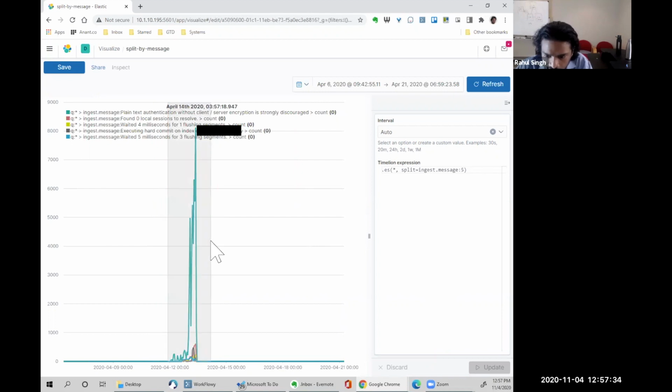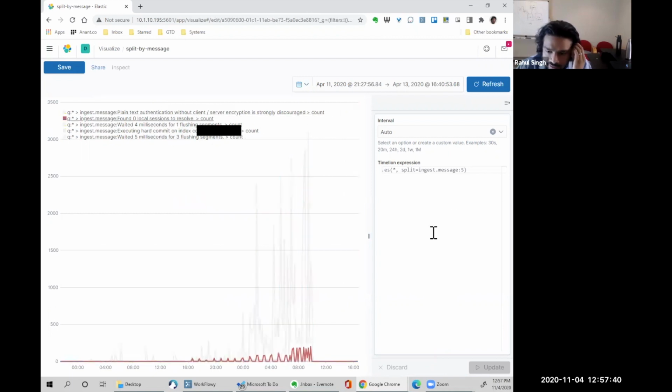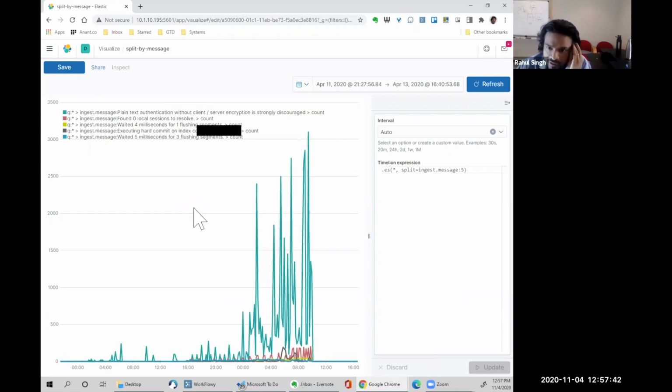What we're seeing here is a timeline of basically the most common things we saw. And this right here is plain text authentication. It tells us that somebody's trying to connect to the cluster without authentication information.